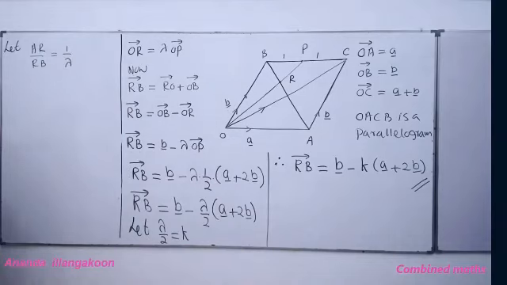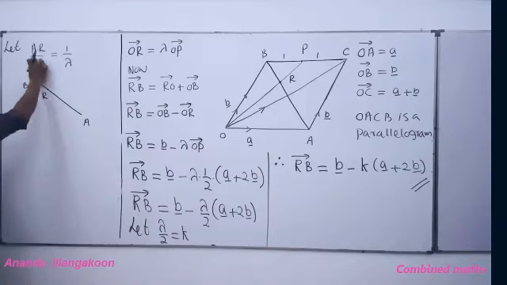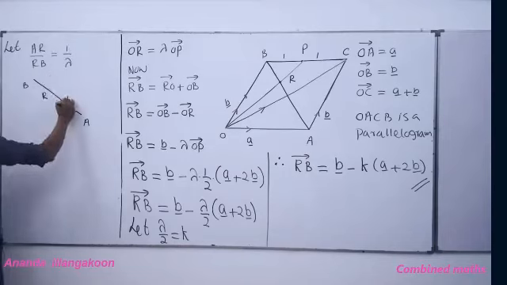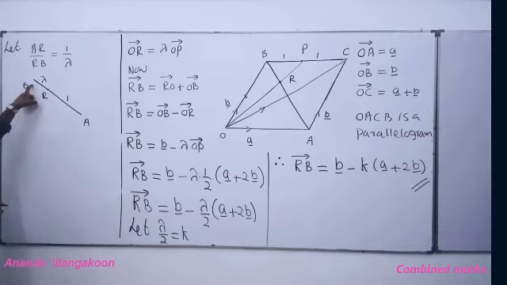Then I can write this way. If we take A here, R here, and B here, according to this assumption of the ratio, if AR is 1 unit, RB is lambda unit. People, can you write this RB vector as a part of AB vector?